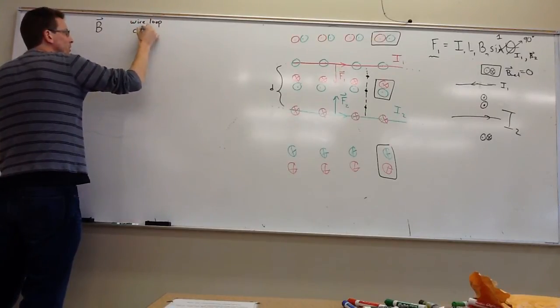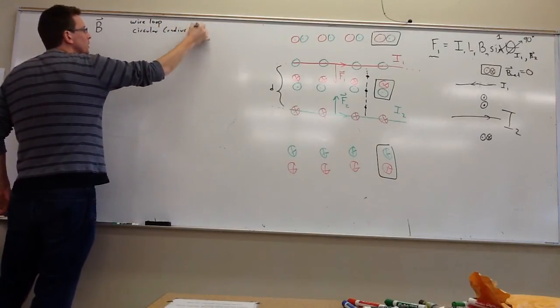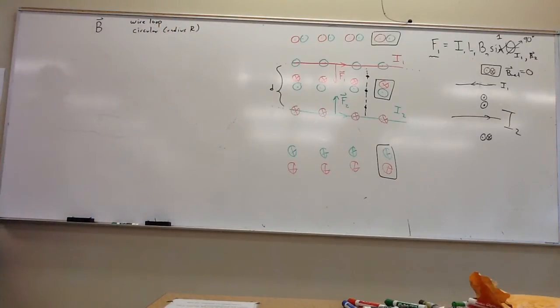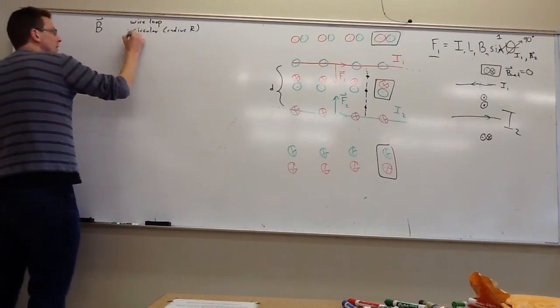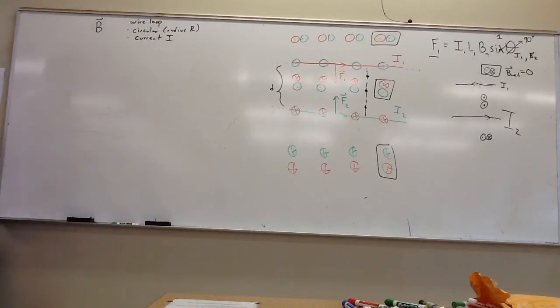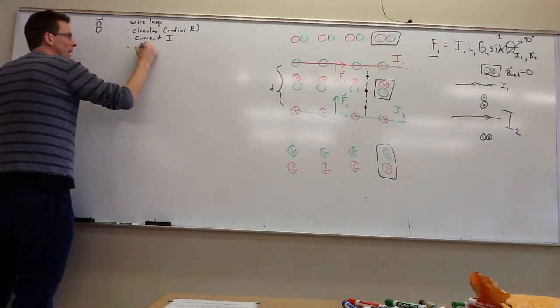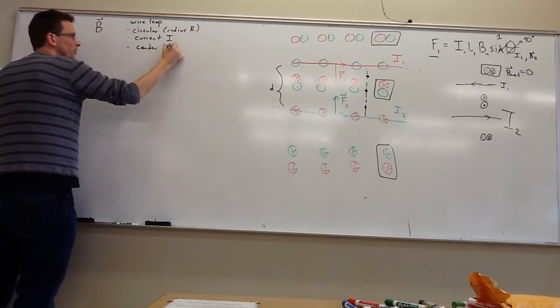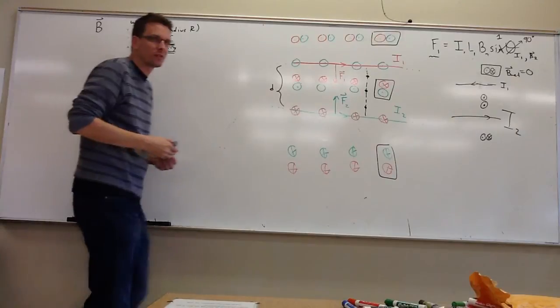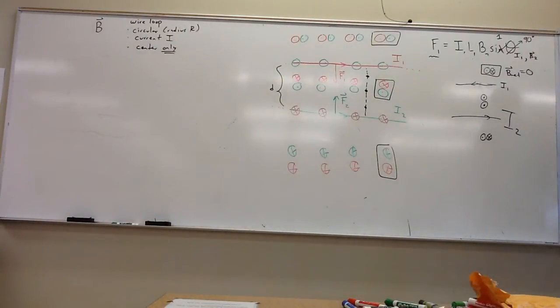It's going to be circular with radius r, and it's going to have a current I. This is a complicated enough field that I'm going to ask only in the center for you to find the magnetic field. Only at the very center of the loop, not just any old point.